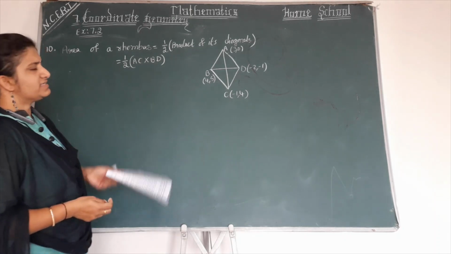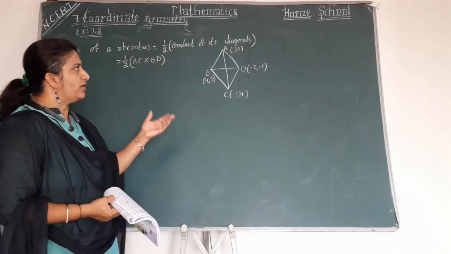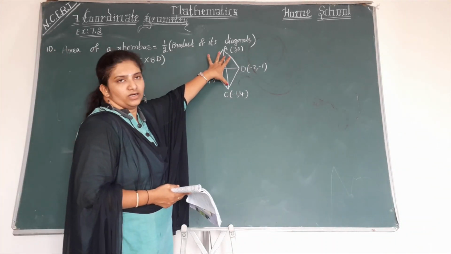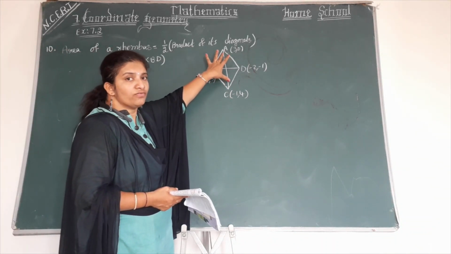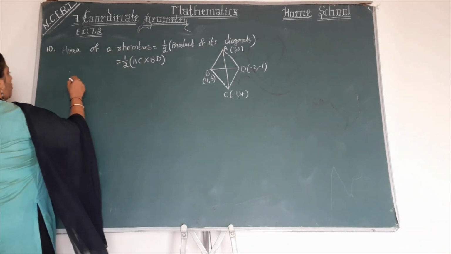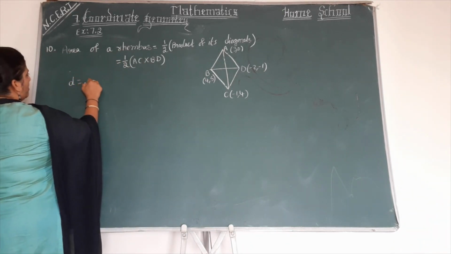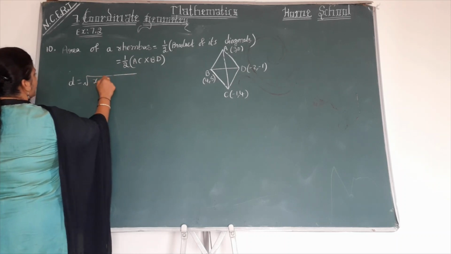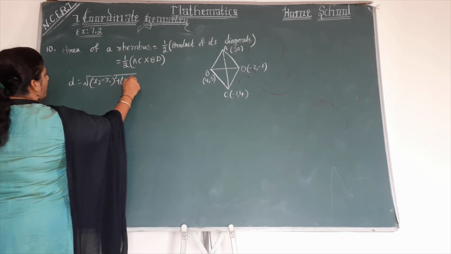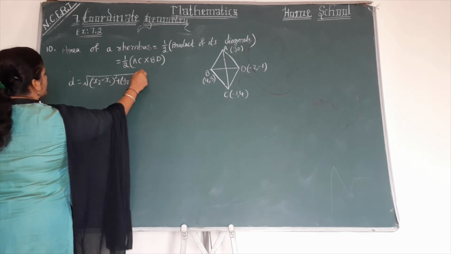How do you get AC, if the two vertices are given? You should find the length of this AC. How do you find the length here? Applying the distance formula. So, what is the distance formula here? Square root of x2 minus x1 whole square plus y2 minus y1 whole square.